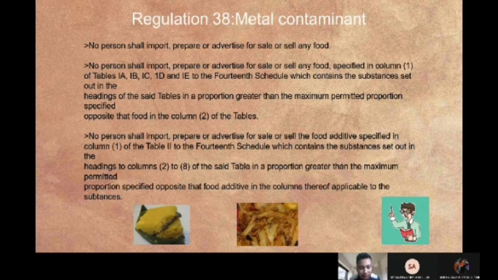Okay, then no person shall import, prepare or advertise for sale or sell the food additive specified in column 1 of table 2 to the 14th Schedule which contains the substances set out in the heading to column 2 to 8 of the said table in a proportion greater than the maximum permitted proportion specified opposite that food additive in the column therefore applicable to the substances.